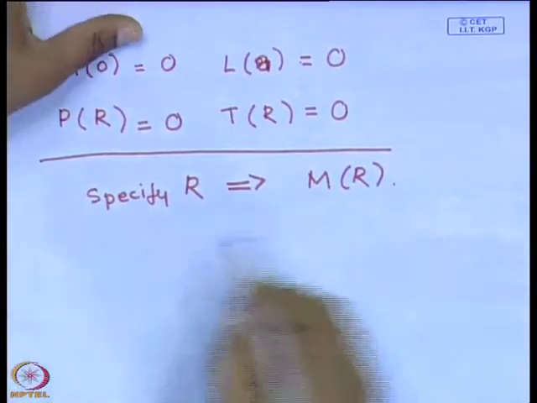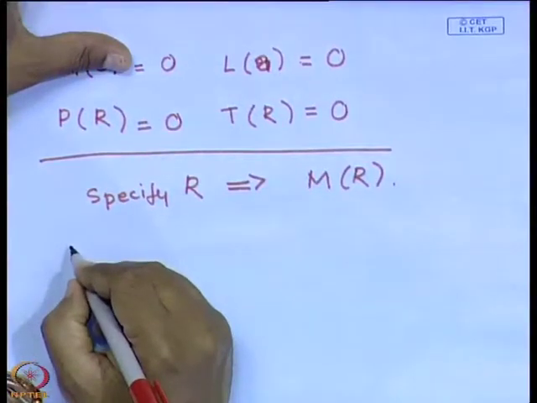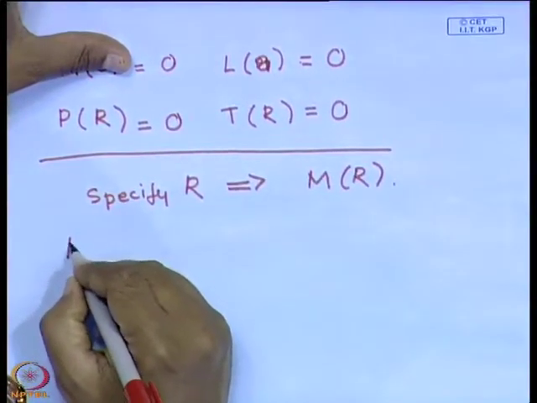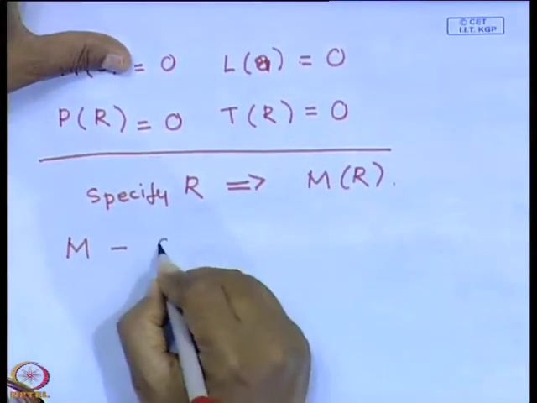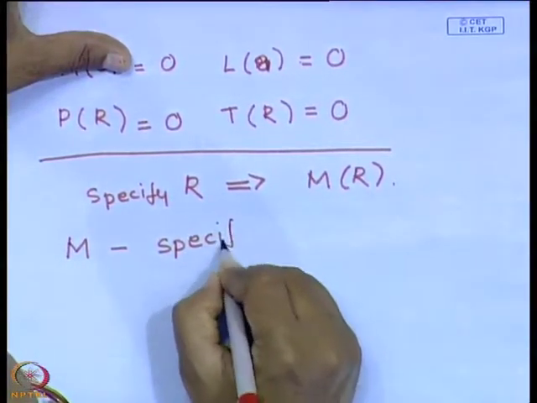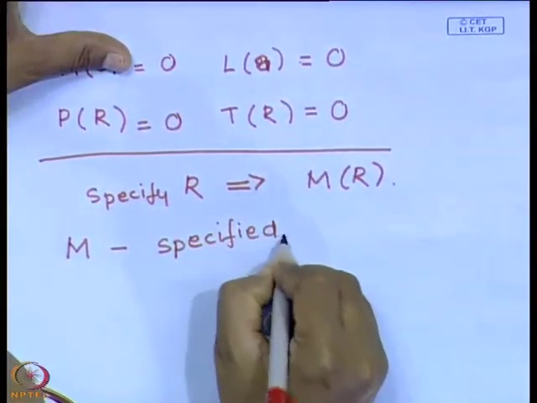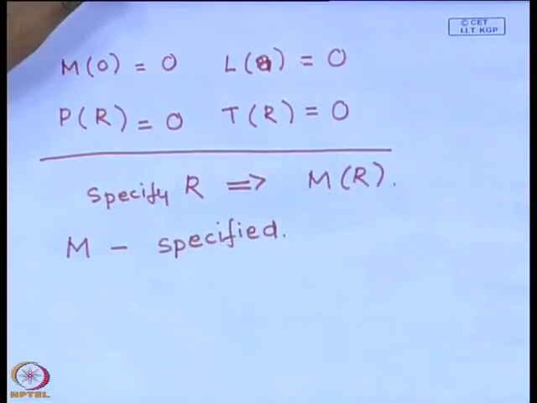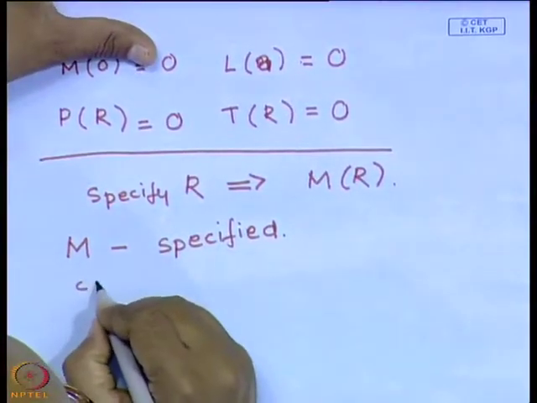The conditions are set up so that you can specify the mass of the star. That is how you would like to solve it. The boundary conditions are reformulated so that you can specify the mass of the star and the composition.